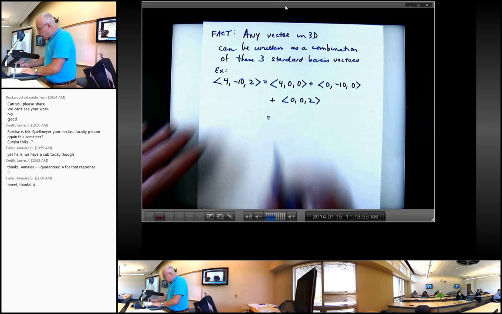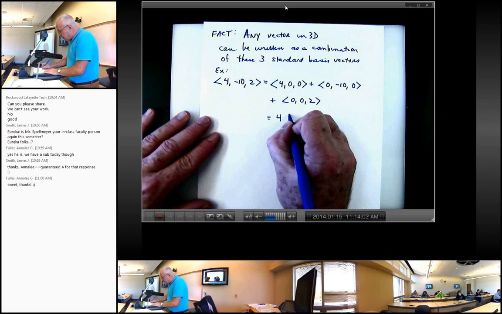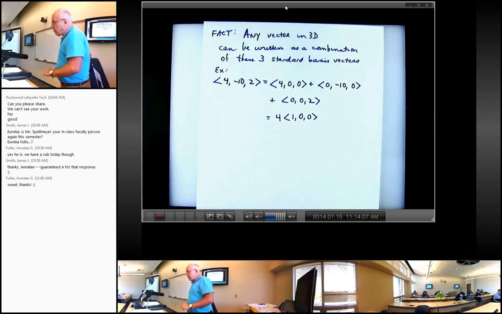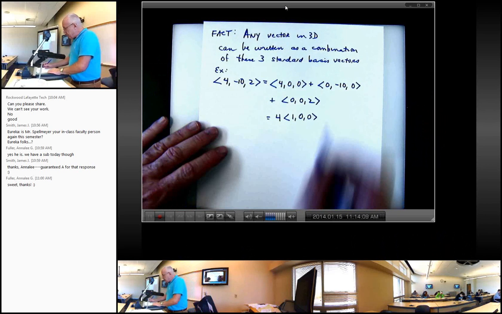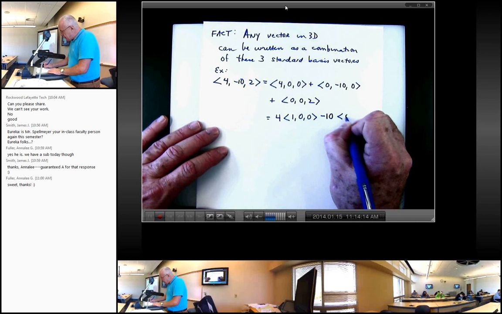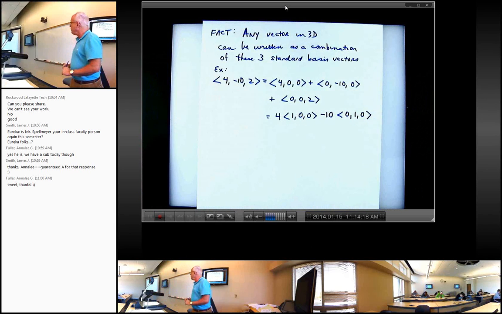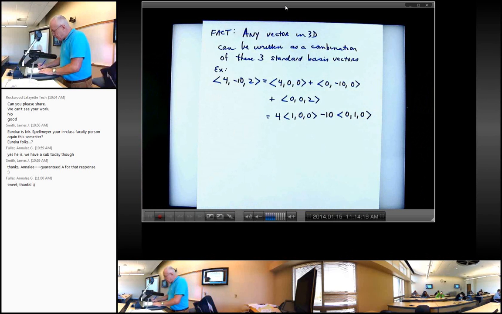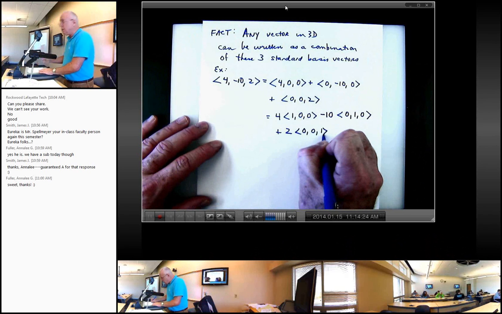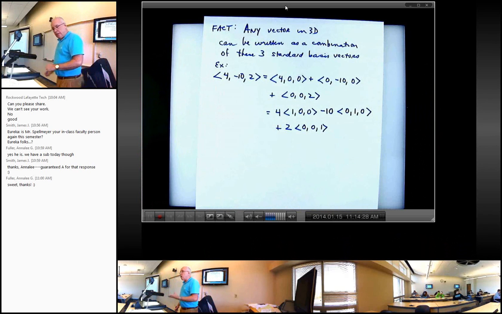But then let's look at these individual ones. This ⟨4, 0, 0⟩ can be written as 4 times ⟨1, 0, 0⟩ by multiplying by 4. The second one with a -10 in the middle can be written as -10 times ⟨0, 1, 0⟩. And the third one can be written as plus 2 times ⟨0, 0, 1⟩. And those three vectors are our standard basis vectors.